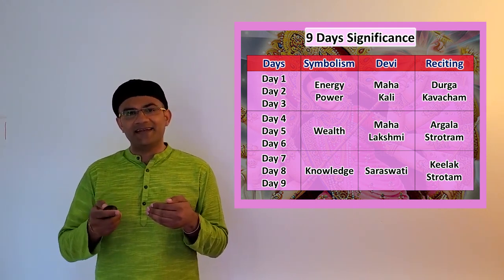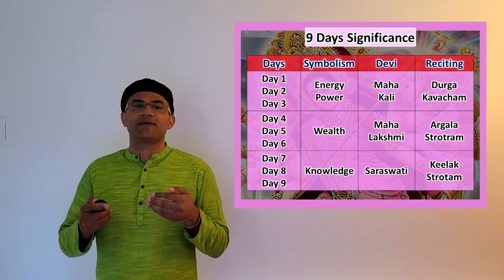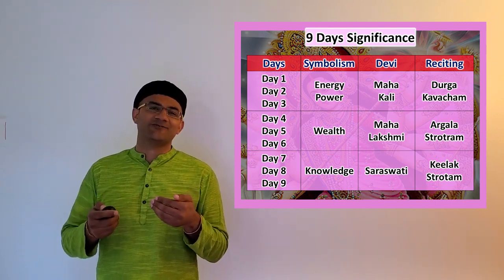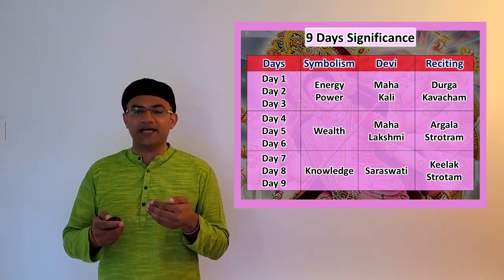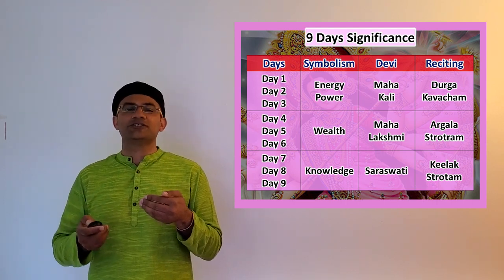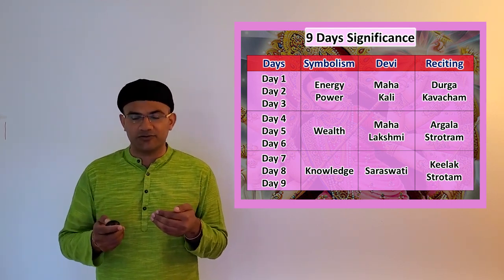And the last three days, 7, 8, 9, are about knowledge, with Mahasaraswati as the Devi, and the Kilaka Stotram is recited for that.